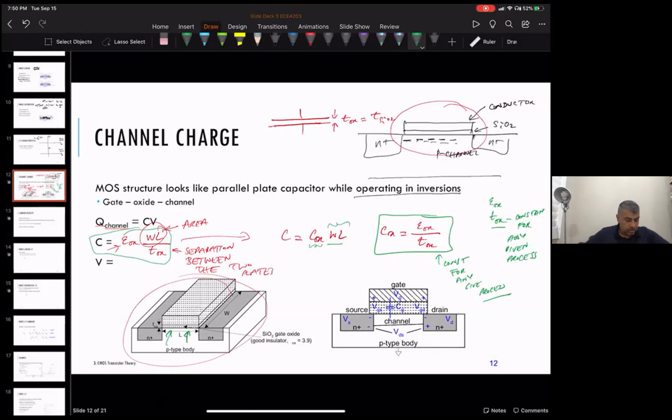I'll just draw it over here. So this voltage is the gate to channel voltage minus the threshold voltage.